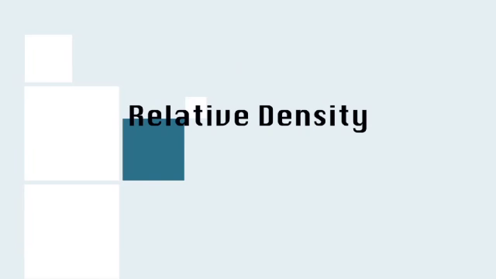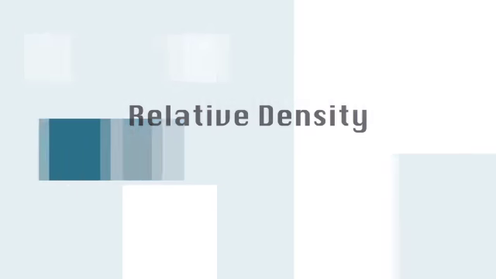Now we've got the relative density. All particles are not always of the same density. I'm speaking about the particles now, not the soil. You may have a heavy particle or a light particle. Take a stone and an equal volume of wood: the wood would be lighter than the stone.